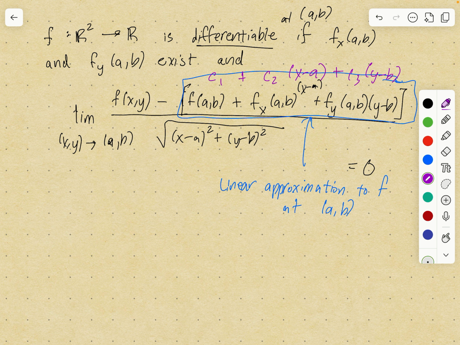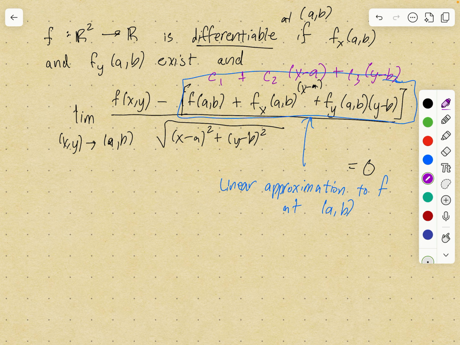So the idea is that the graph is approximated by a tangent plane. But if you just took any plane that intersected the graph of f at (a, b), then it would be true that the limit of the difference would be 0. So somehow this quotient is important in the limit definition of differentiability.